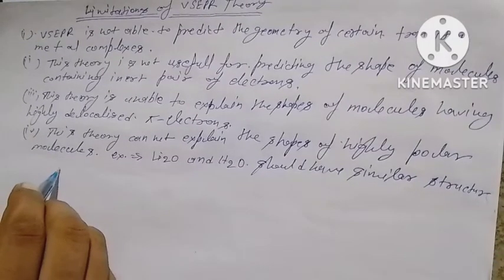Valence electrons are 8, but Li2O is linear while H2O is angular, an angular molecule having bond angle 104.5 degrees.